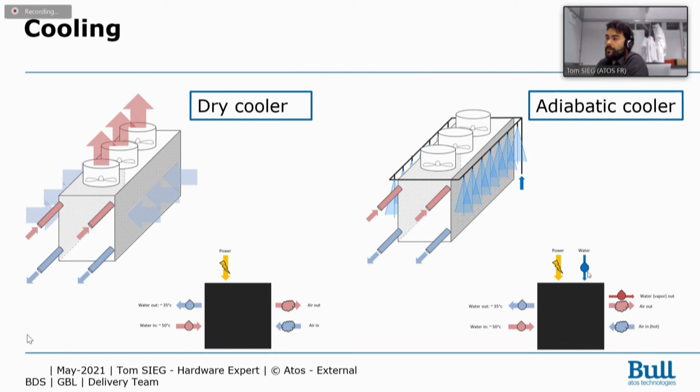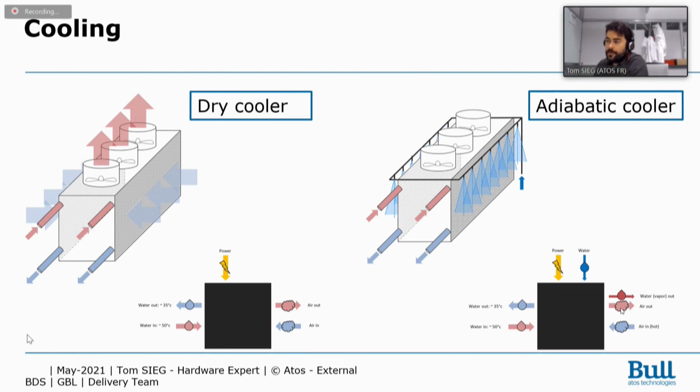In fact, you will consume water and put some water out in water form and vapor form. So you will use electricity and water to transfer your heat from the water to the air.